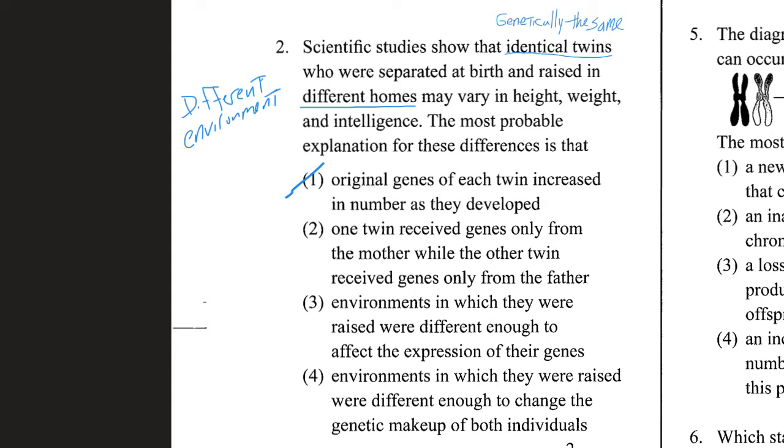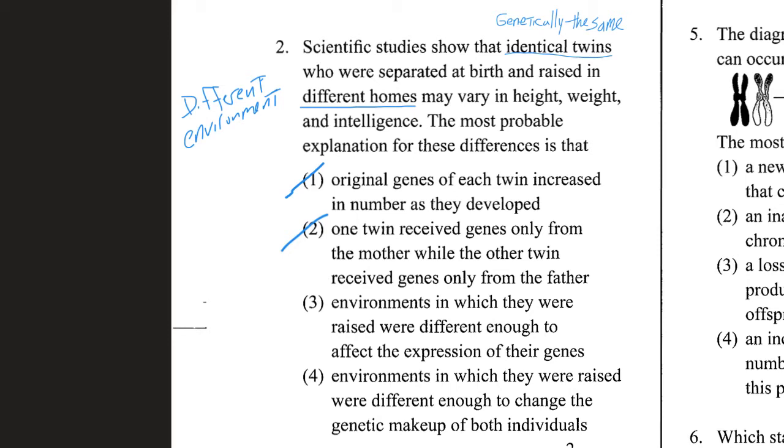As identical twins, that's one sperm and one egg fused together, and then that zygote at some point split into two separate embryos. So just like every other individual on Earth, both of the twins got half of their DNA from their mom and half of their DNA from the dad. So option 2 is incorrect.